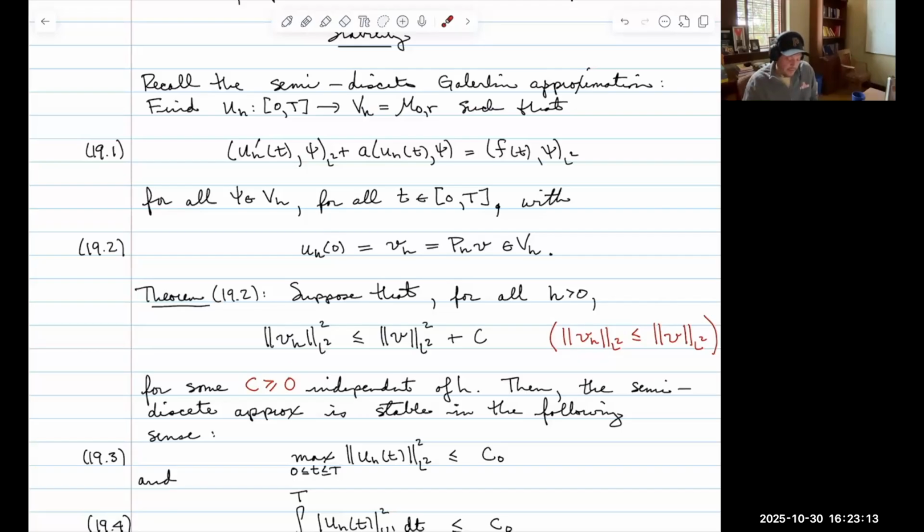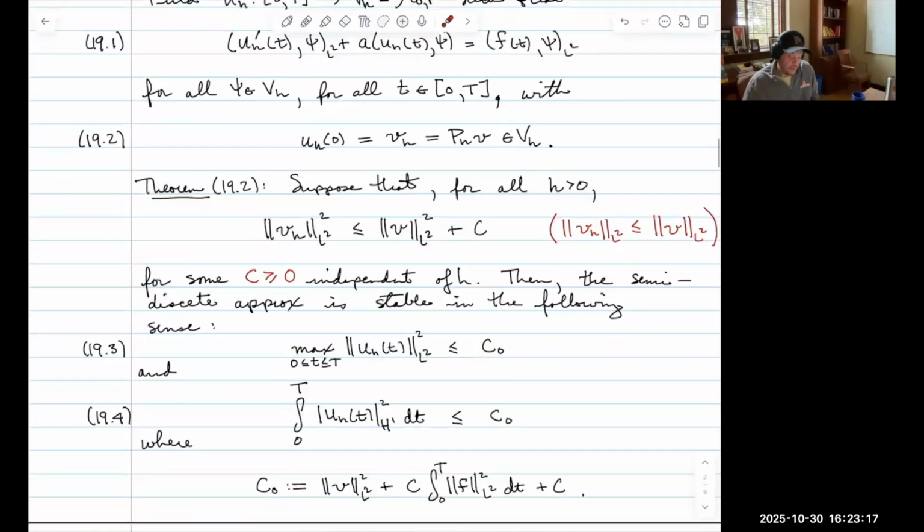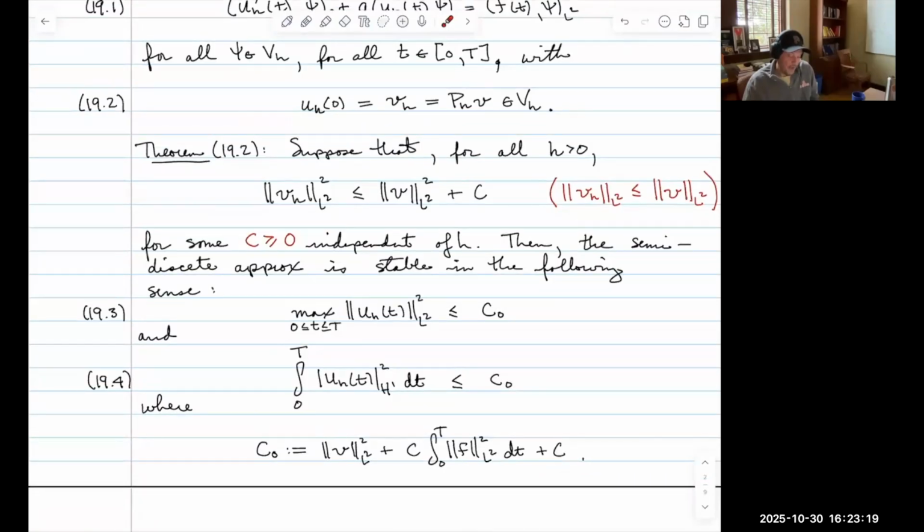If v and vh satisfy that, then the semi-discrete approximation is stable in the following sense. I can show that the maximum over the time interval 0 to t of the L2 norm squared of UH is less than some constant C0, which is entirely independent of h.